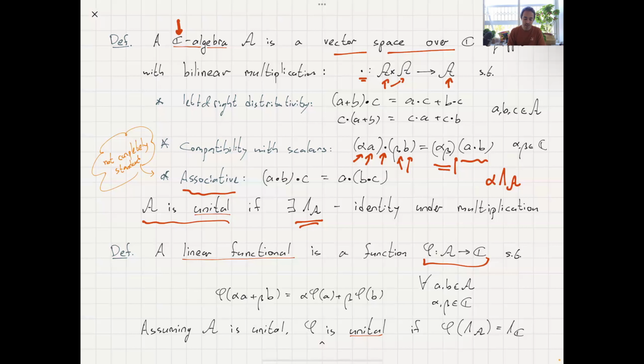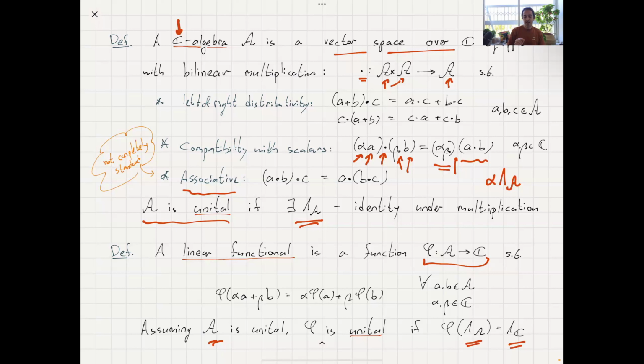Namely, if you take phi of a scalar sum, like alpha a plus beta b, then it should be equal to alpha phi of a plus beta phi of b. And also, if A is unital, and A will always be unital in all of our cases, then we say that phi is unital if it respects identity. Namely, it sends one of the algebra to the usual one of the complex numbers.